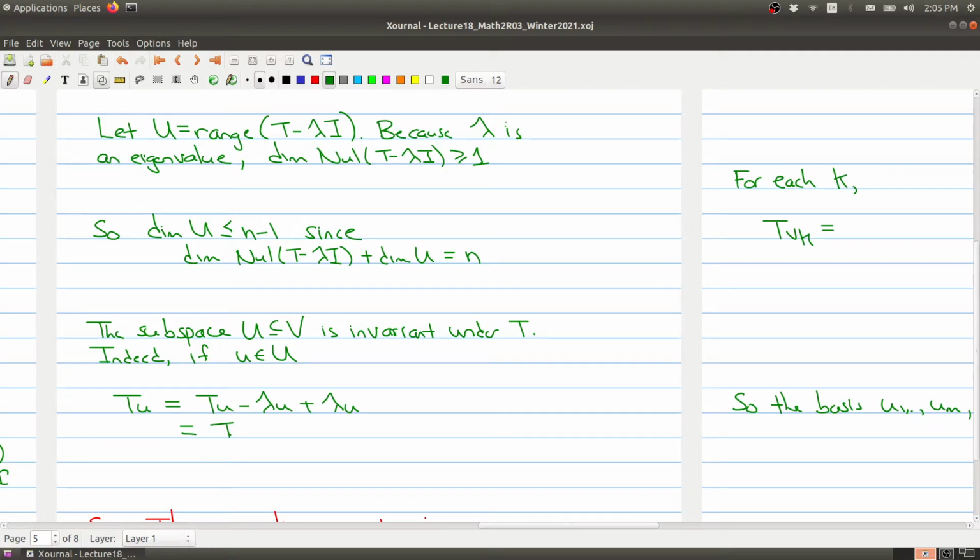Notice that this is the same as (T minus lambda I) evaluated at u, plus lambda u. Let's think about what these various pieces are.